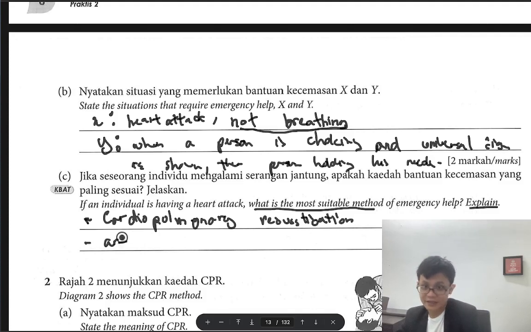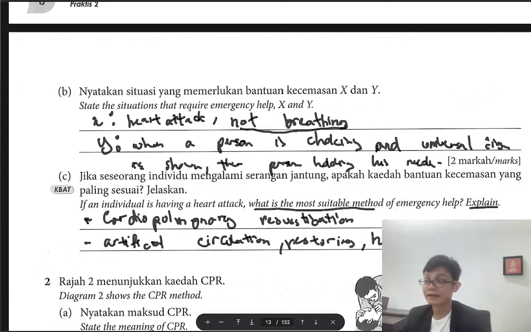I just write artificial circulation, and maybe restoring the heartbeat, or providing oxygen to the victim's body. Just write the keywords. Or make it a sentence like: it provides artificial circulation to restore the heartbeat. Then can already. Okay.